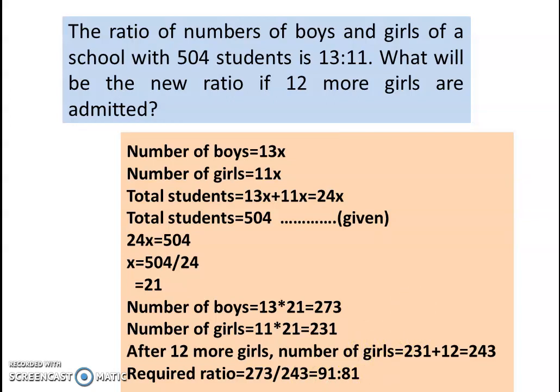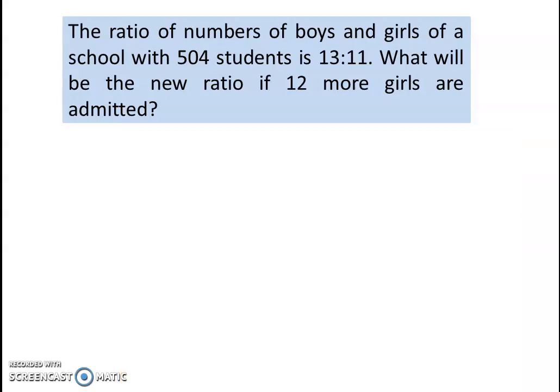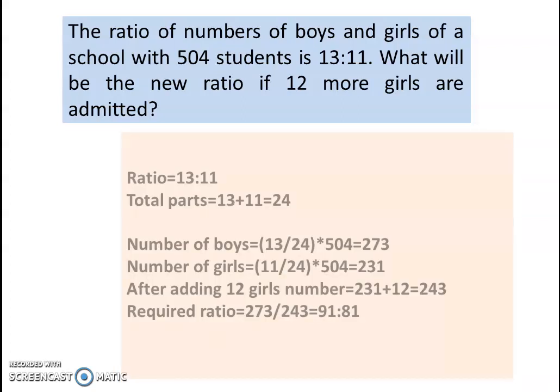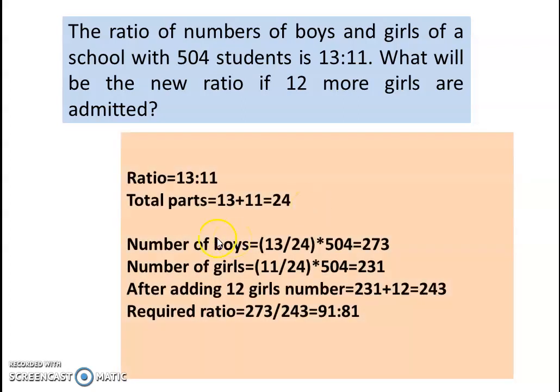This question can also be solved using different approach. Now we know the total number of students and ratio is also given. As we discussed the formula, we can find number of boys as 13/24, because 13 plus 11 is 24.